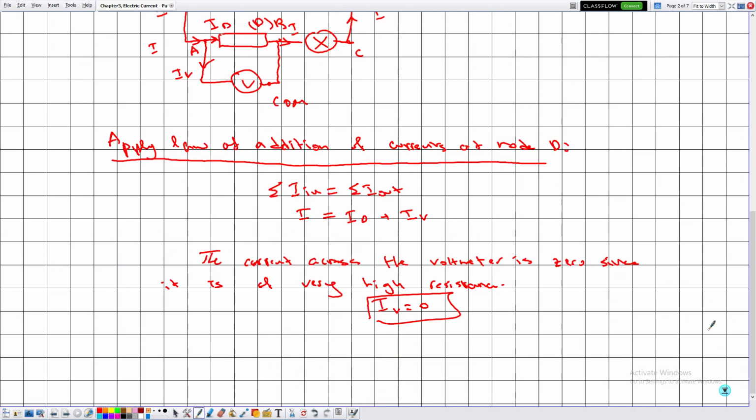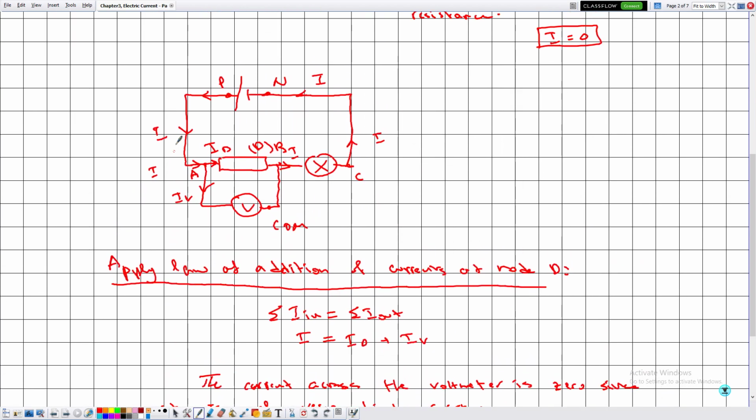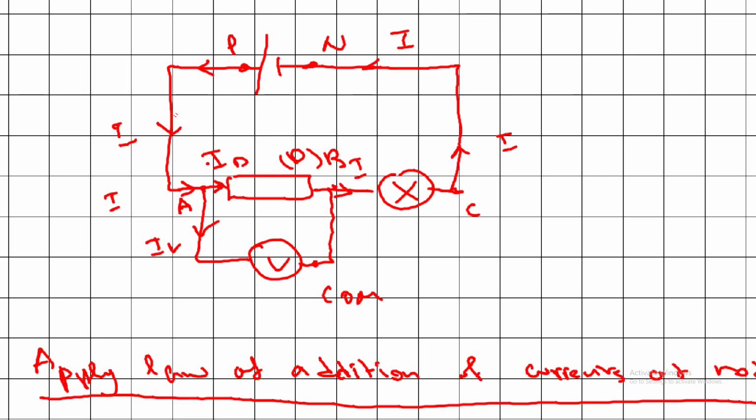So in this case I is equal to ID, the value of IV is 0, which means that if you refer back to the electric circuit, I basically will be equal to ID and the value of IV is 0.